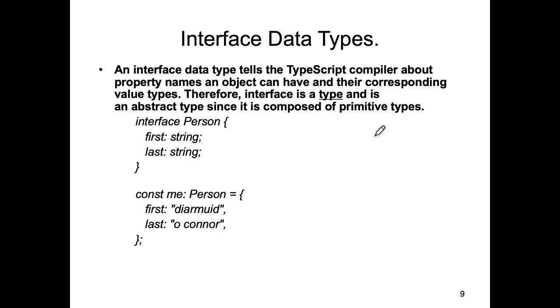Now, what is unique, I suppose, to TypeScript as opposed to other languages that you've already seen, is this notion of interface data types. It's unfortunate they use the word interface because it's kind of confusing with the interfaces associated with classes. But an interface data type tells the TypeScript compiler about the property names of an object. So these interface data types are what you would associate with an object structure.